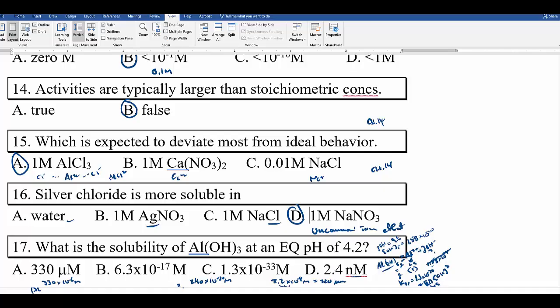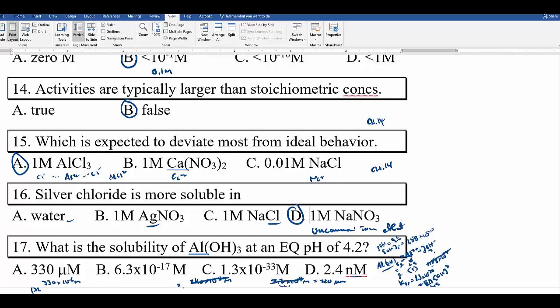It gives me 10 to the negative 30, invert, times 1.3 times 10 to the negative 33. Yeah. So I get the same answer. Actually, no, I don't. 3.265 times 10 to the minus 4.